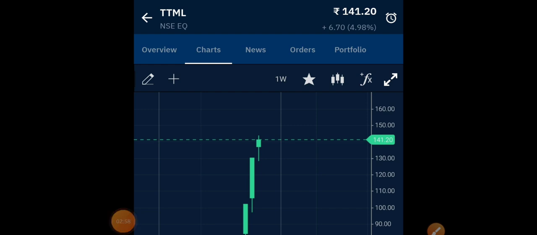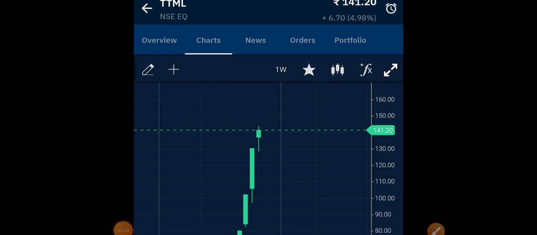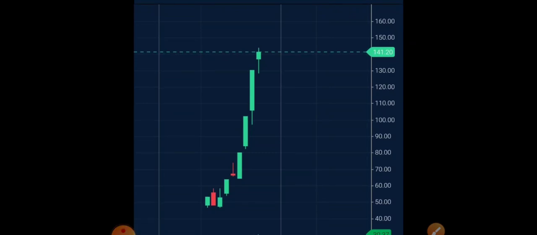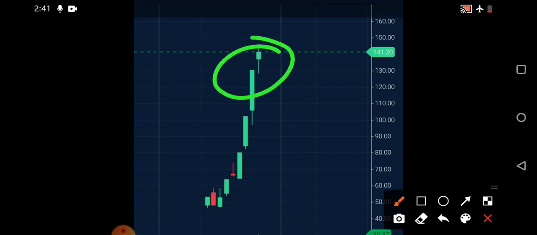When we observe the weekly chart of TTML, you can see back to back 4 weeks of big red candles because of the back to back upper circuits. As I told, in between the stock has given a little bit of retracement, but again the buying volume used to be generated and it used to close in the upper circuit. This week, in the previous 2 sessions we have seen a little bit of correction, and that is the major reason why this particular wick is generated. In the last weeks also the stock used to get open, and in between profit booking happens, which is obviously necessary.